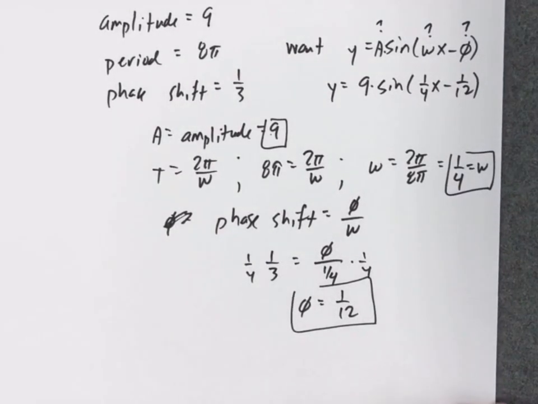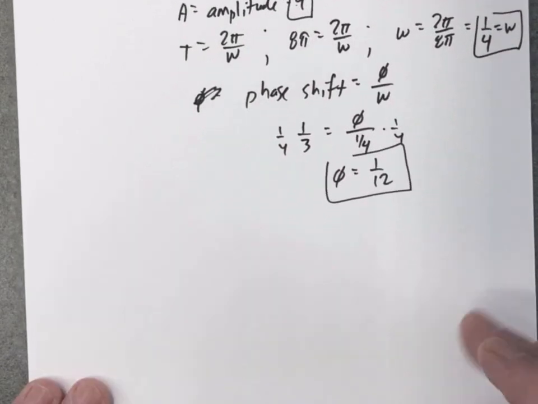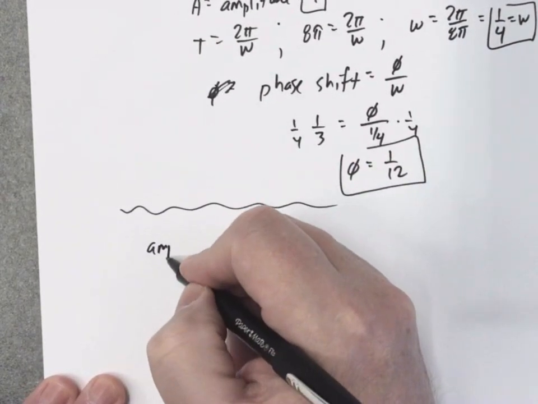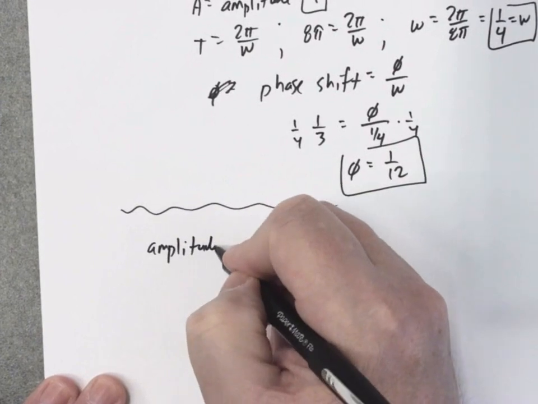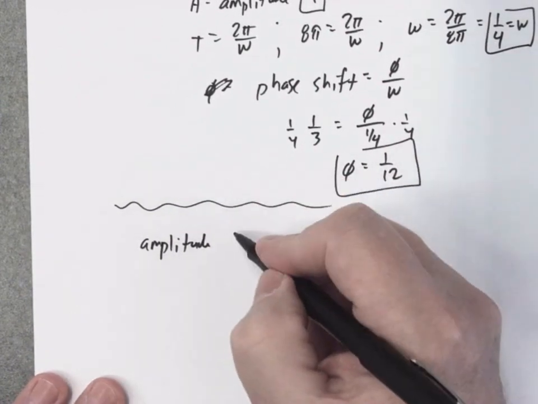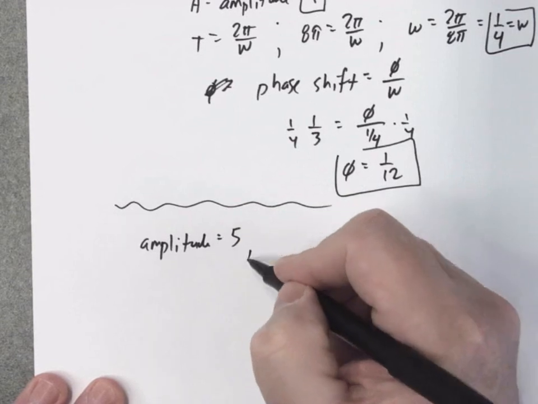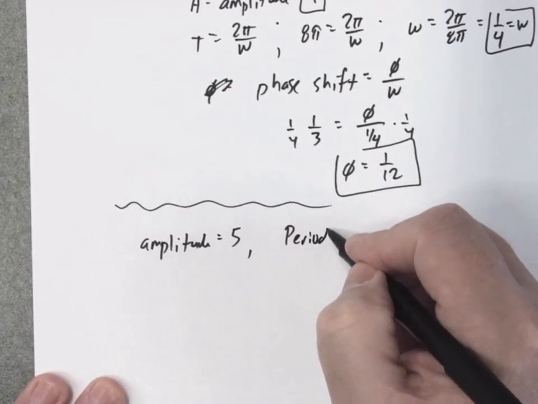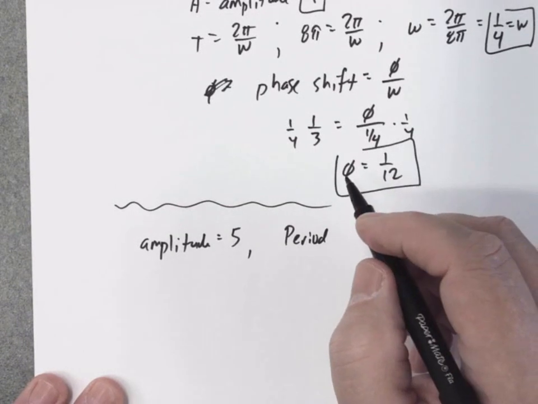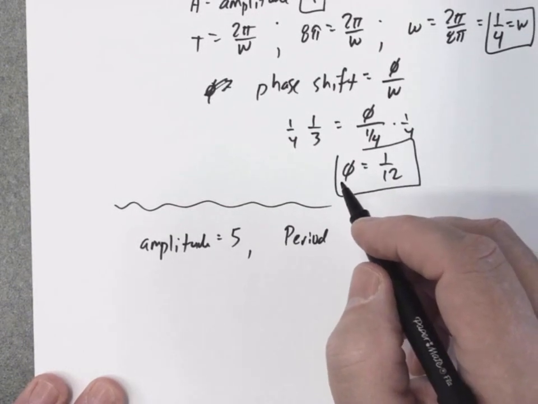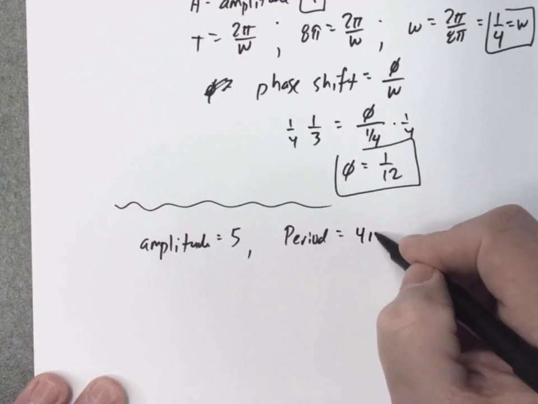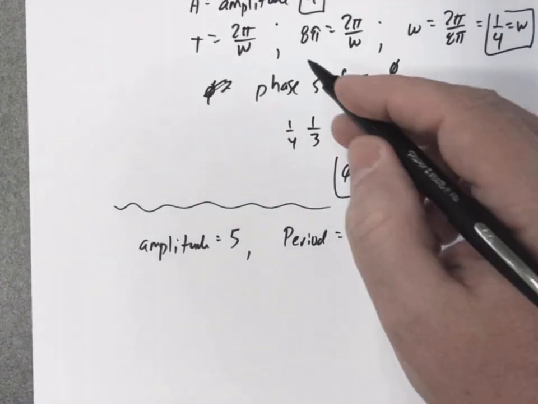Let's do one more of those. How about, for this one, they say the amplitude is 5. They say the period, that's not interesting. I'm going to change it. I'm going to say the period is like 4 pi. They said 8 pi again, and we just did an 8 pi.